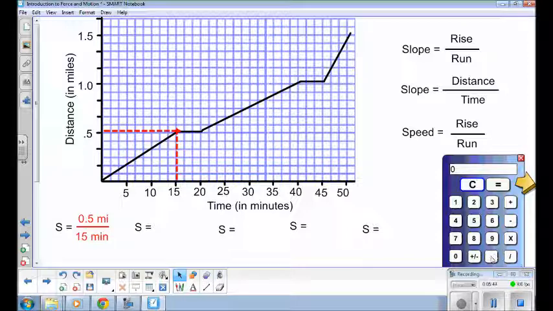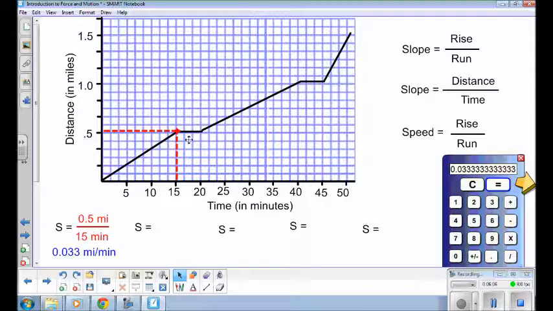Using my calculator over here, I can just go ahead and punch in 0.5 divided by 15, and I'm going to get the number 0.03 bar. So I'm going to go ahead and write that down here, 0.033, and keep in mind that our units for speed are miles per minute.